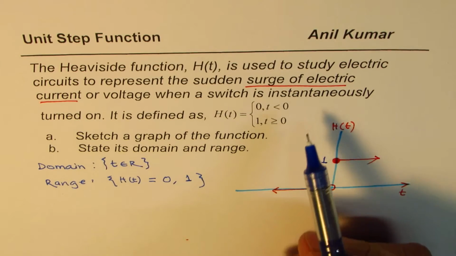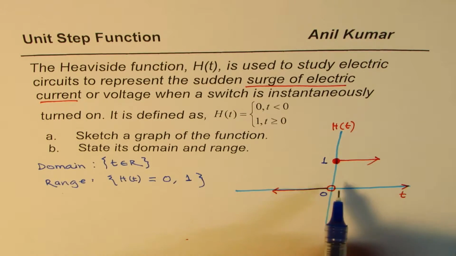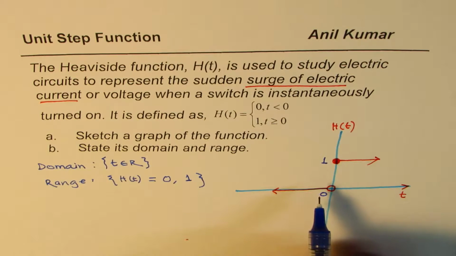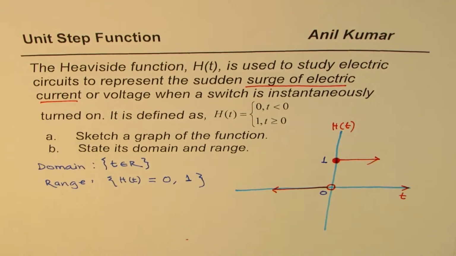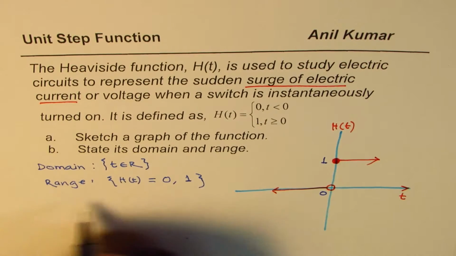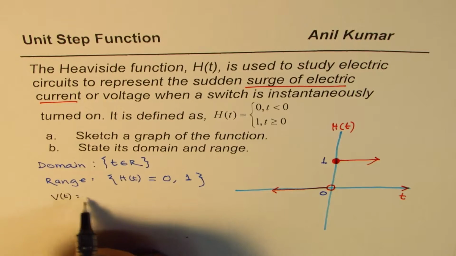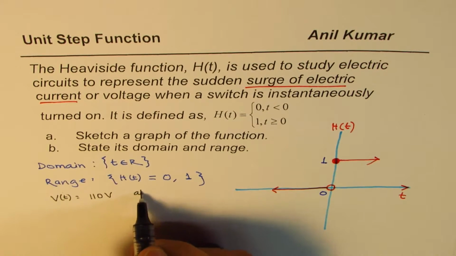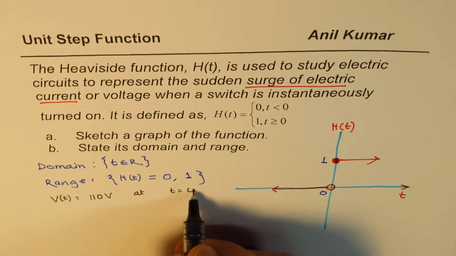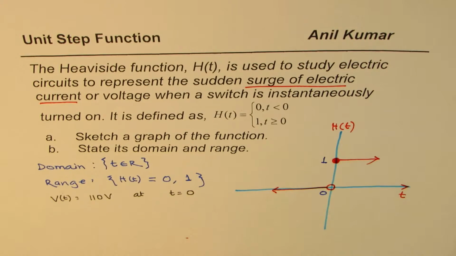Now in electrical circuits, what we do is we try to measure current and voltage and use this function to represent them. For example, let's take an example. Let us say I apply a voltage of 110 volts at t equals 0. Then how can I represent this voltage with the help of this Heaviside function, right?